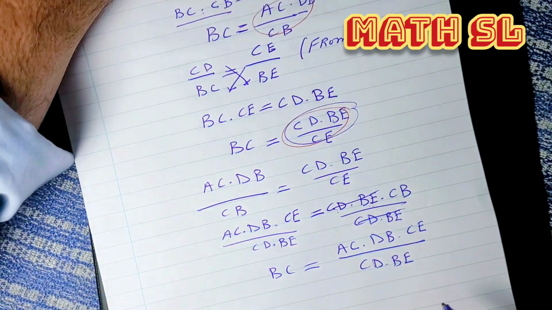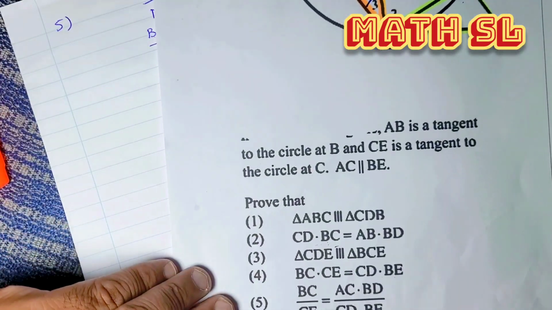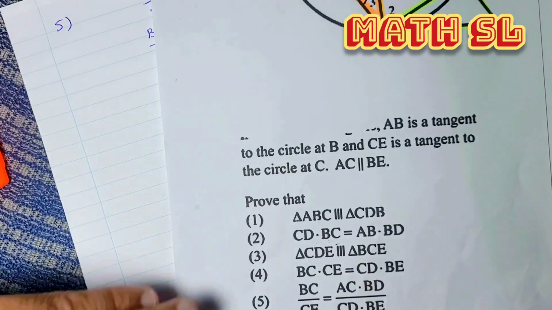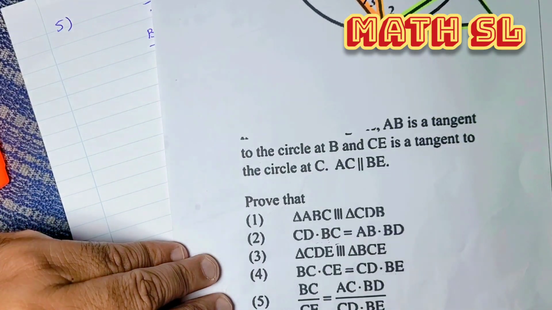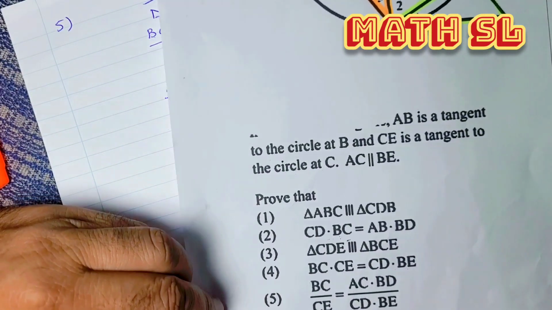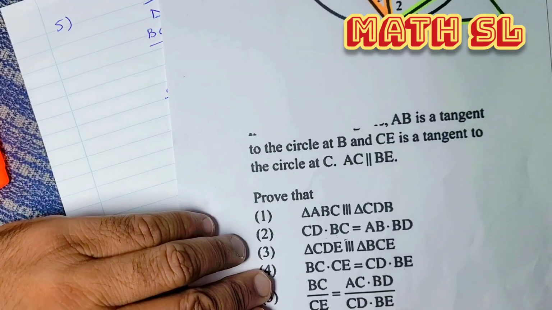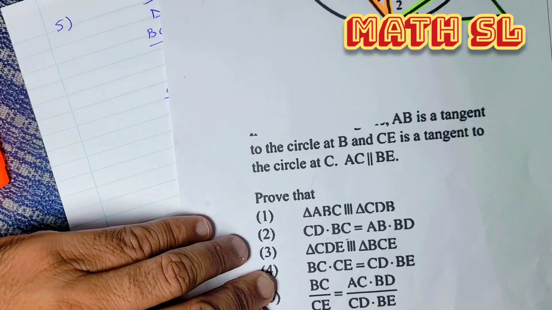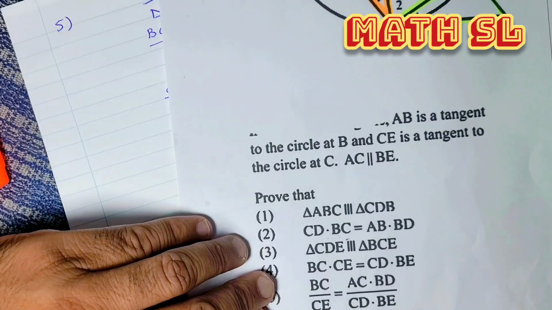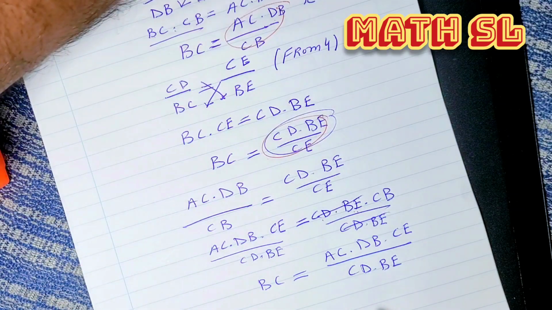CE also must be at the bottom. I can divide by CD, BE and CE all at once, or one by one, because sometimes you don't know if you need one or not. But in this case, we need all three.